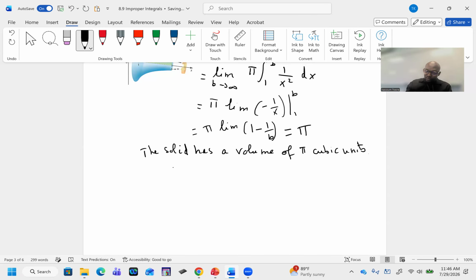B, again, the surface area formula from chapter 6 is 1 to b, right? 2 pi f of x. Before I write this one, let me write the surface area because that's what we are looking for.